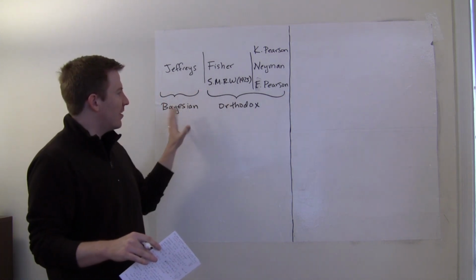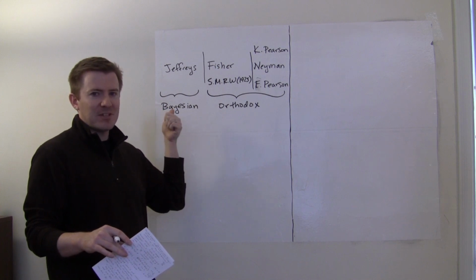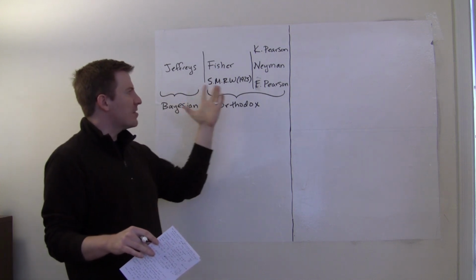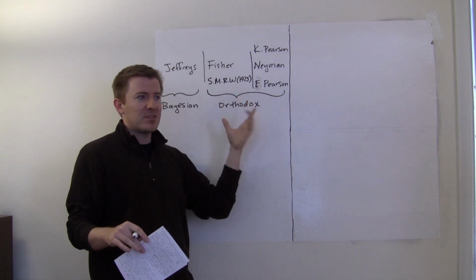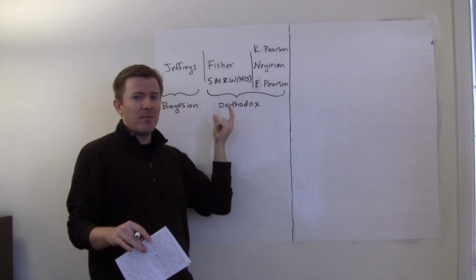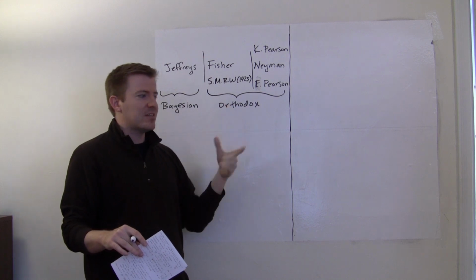So anyway, the way Jaynes lays it out, we're supposed to favor Jeffreys in this story, but he does make the point that Fisher and Neyman and Pearson were all very accomplished mathematicians and statisticians and very influential.